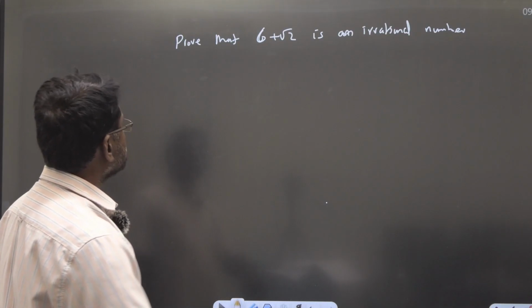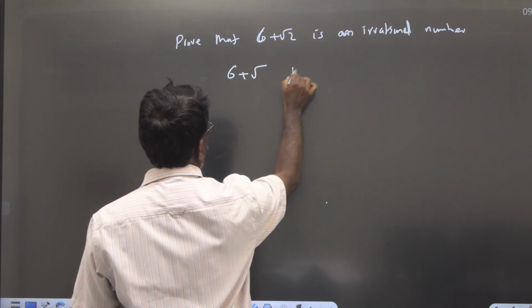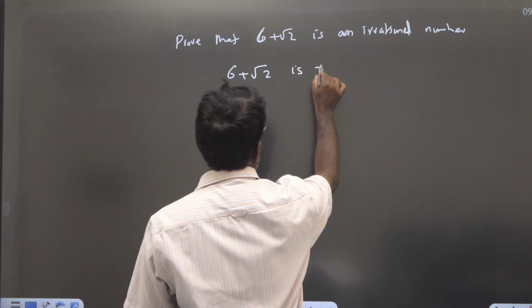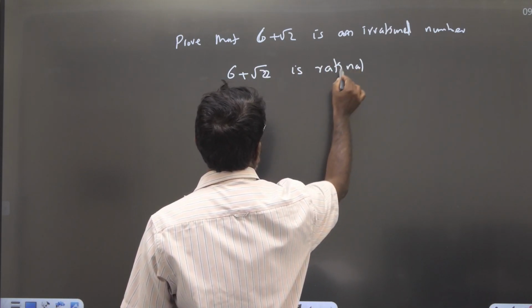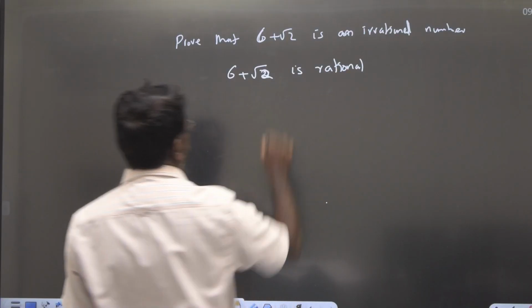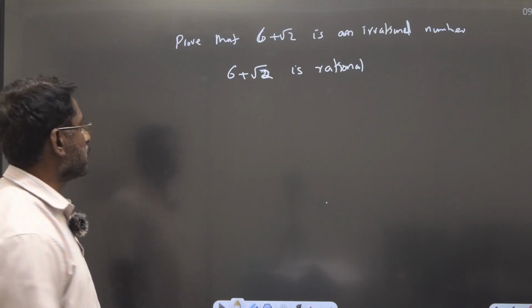So let us assume 6 plus root 2 is rational.